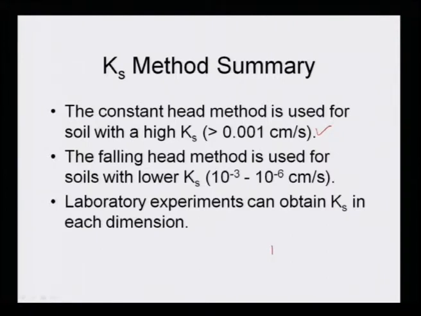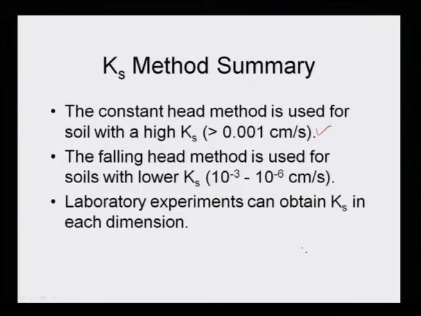Somewhere else the coefficient of permeability is written K, some people write Ks, some write capital K. It depends upon the notations they are using. The falling head method is used for soil with lower permeability. That means, if the coefficient of permeability varies between 10 to the power minus 3 to 10 to the power minus 6 cm per second, that is for fine grained soil, then the falling head method is to be used.